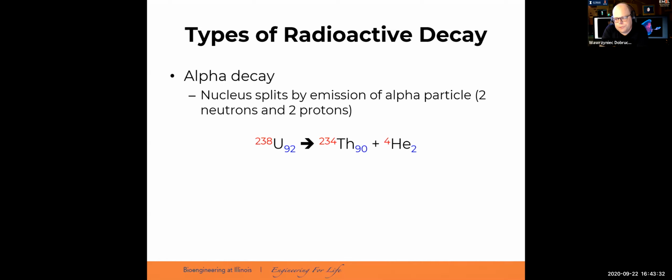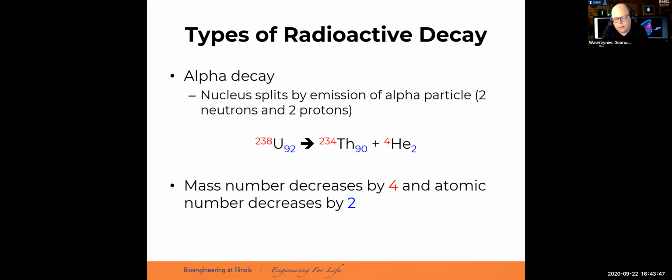One example is uranium-238, which decays to thorium-234 with the emission of an alpha particle. The alpha particle has interesting features because it is very easily blocked. Even a piece of paper will block the penetration of the alpha particle.